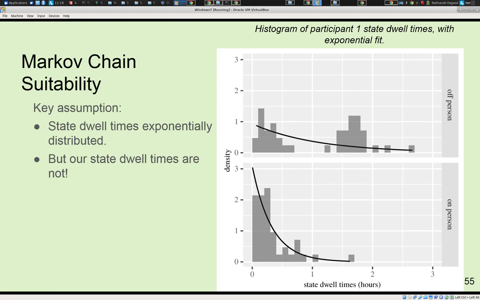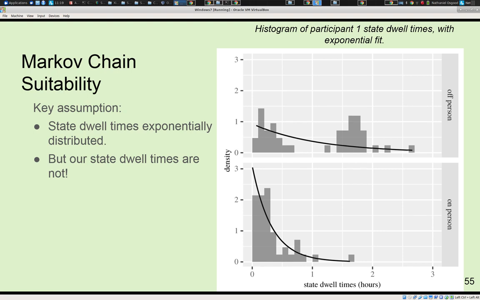So here, regardless of how long I've had the phone, the chance per successive hour that I'll put it down is pretty similar. These are actually less than an hour. It's a pretty good approximation. Off person, by contrast, is not memoryless.